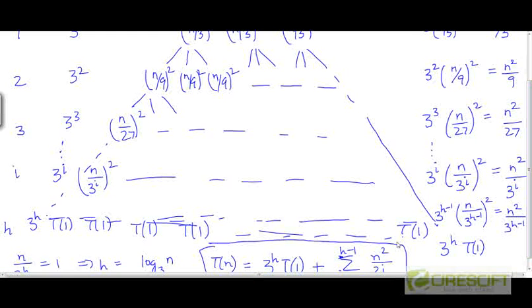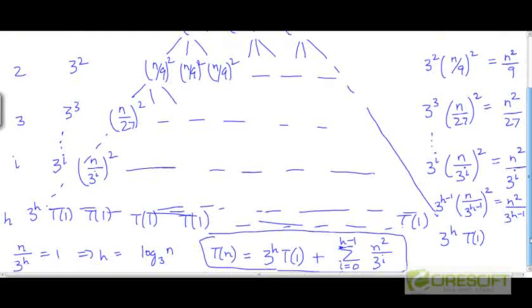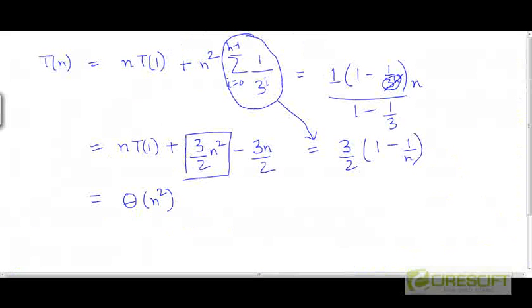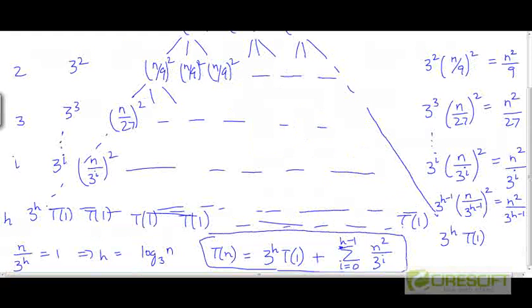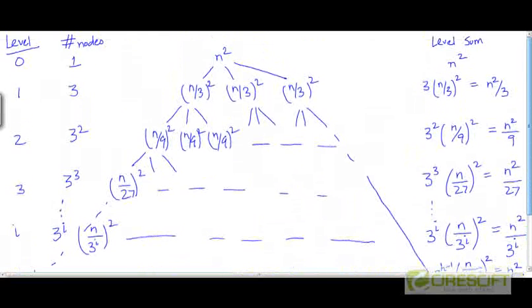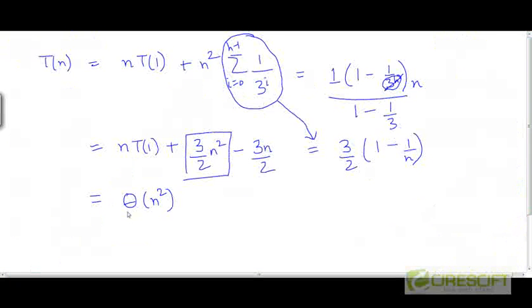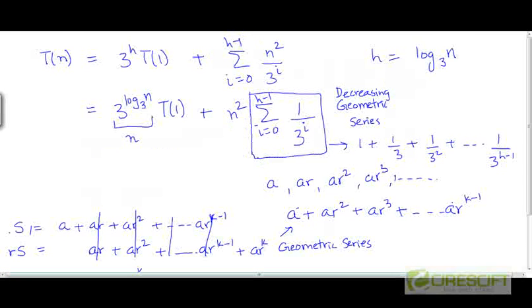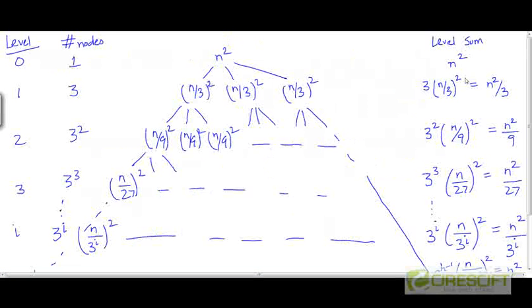The last term, of course, is written separately, but you can see that if the costs are geometrically decreasing down the levels, the overall complexity is proportional to the cost of the first term of the geometric series. And that's an interesting point to note.